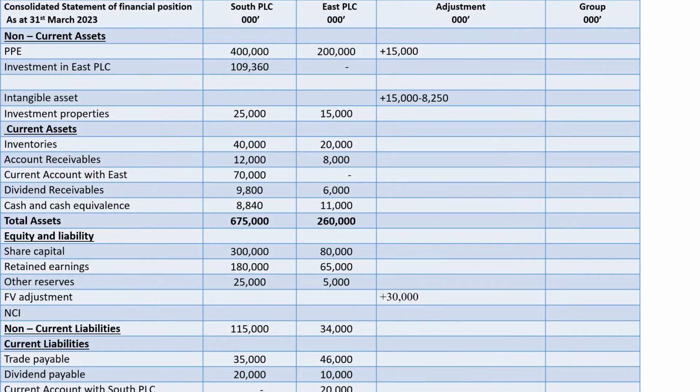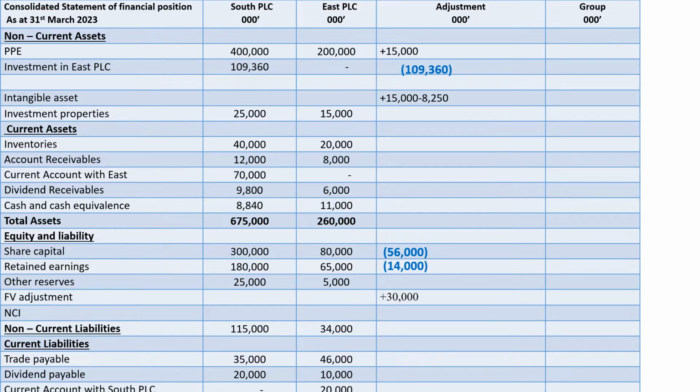Let's look at the impact of the above transactions in the consolidated statement of financial position. First step is we have to transfer the investment in East PLC, 109,360, into the cost of control to calculate the goodwill. You know that South PLC invested this amount for a 70% share of share capital and retained earnings.